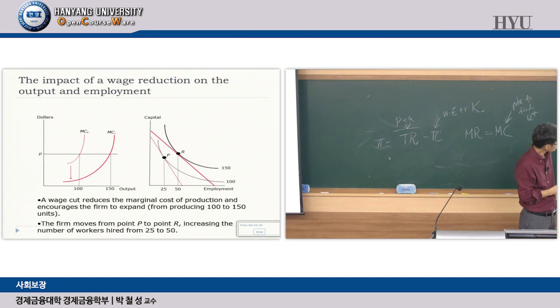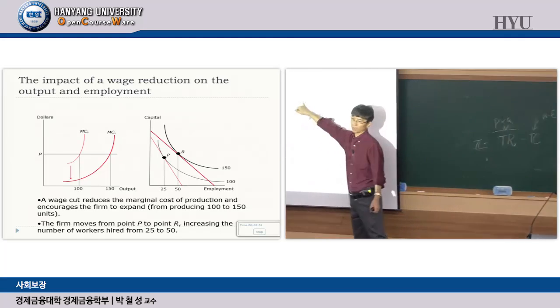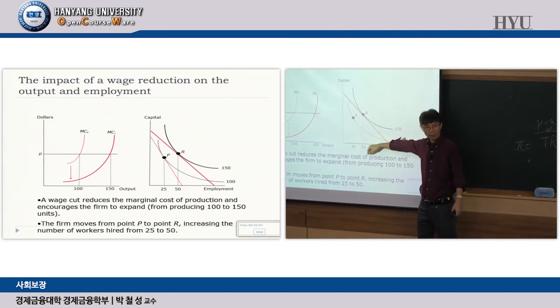So what happens here is that before the wage rate changes, they produce 100 units, okay? And let's say they produce at P. Now, since labor is cheaper, they want to produce 150. So that means they will produce at a higher isoquant curve. Get that? And look at the slope.